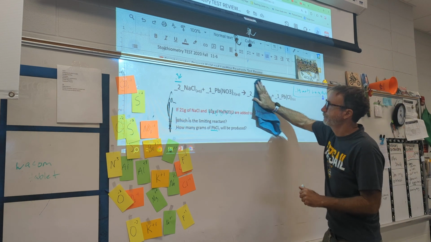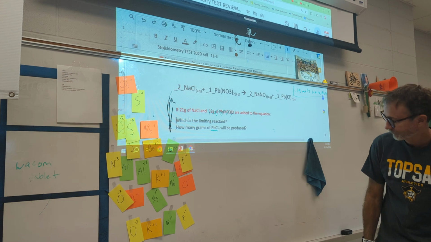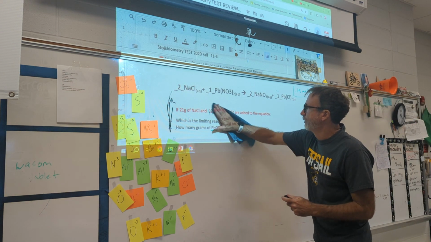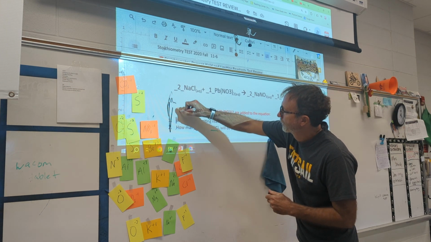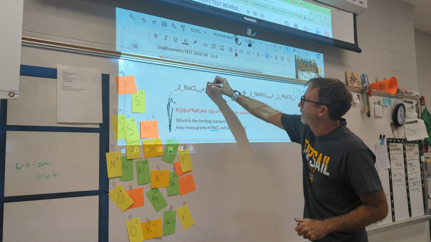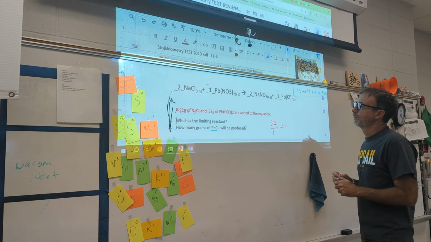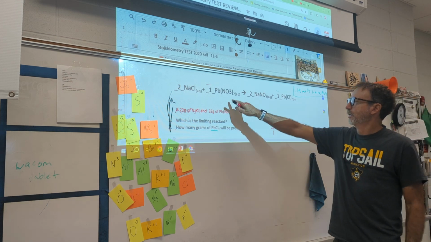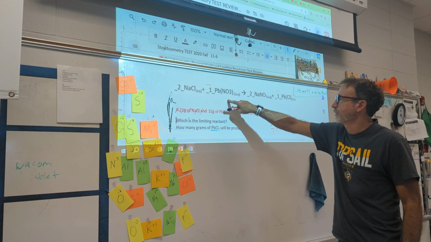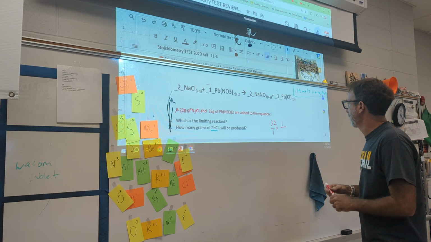Now I'm going to do it again with the other reactant. All right? Now we're going to mark this out. All right, 32 grams of lead-2 nitrate. 32 over 1 times 1 over, 62 times 2 is 124 plus 207, that's 331, okay?